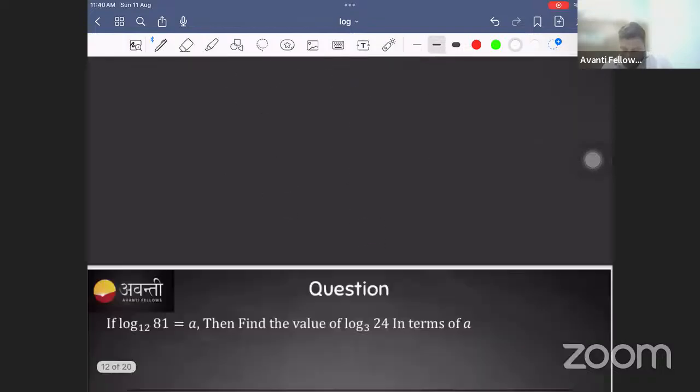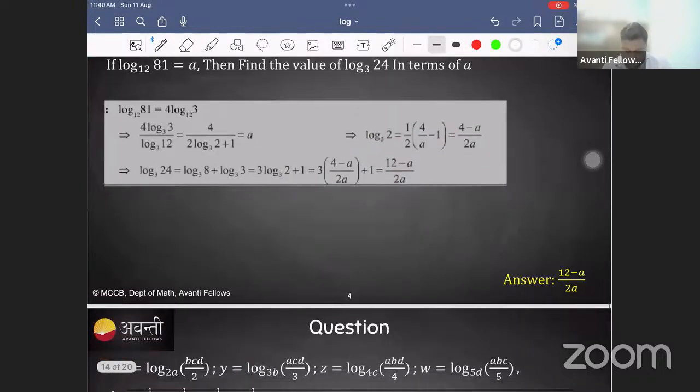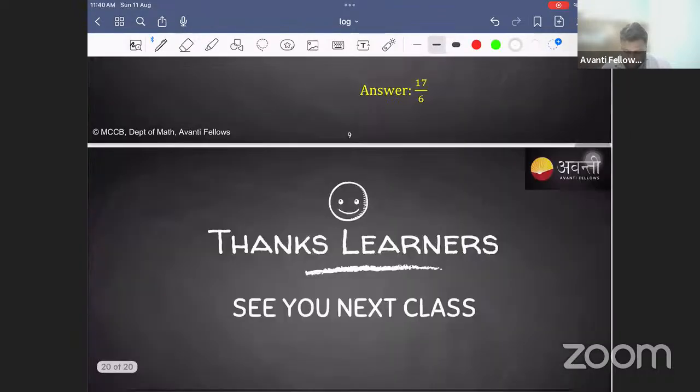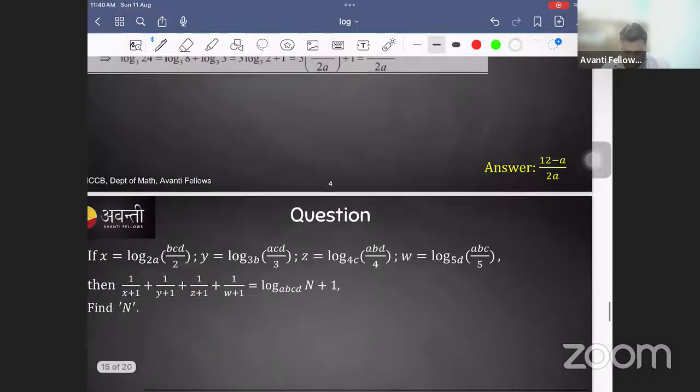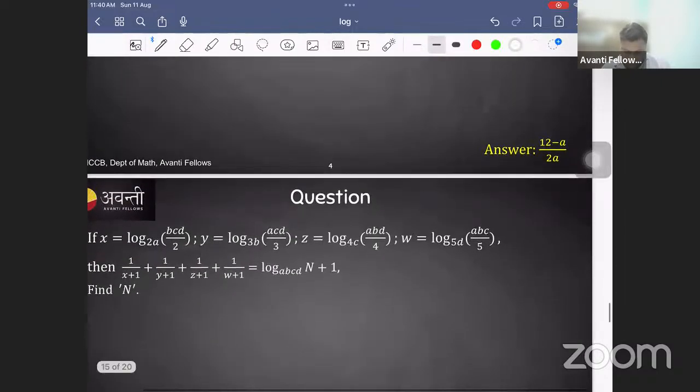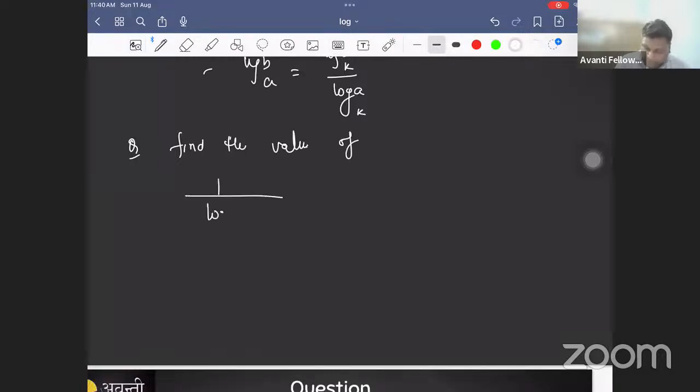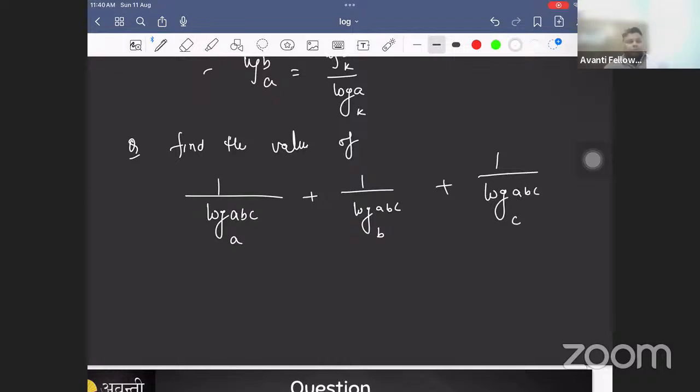Now, see, there is a very simple question on the same concept in my file. Let me write it for you. Write down a question. Find the value of 1 upon log ABC base A plus 1 upon log ABC base B plus 1 upon log ABC base C. You have 1 minute.